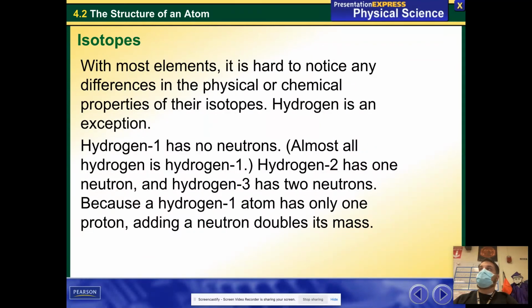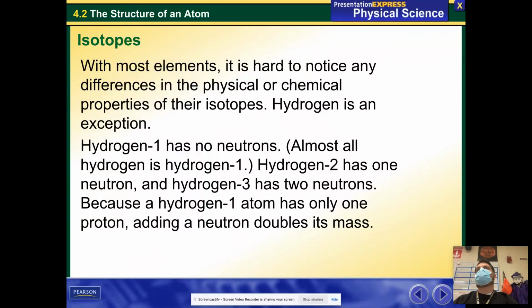With most elements, it's hard to notice any differences in the physical or chemical properties of their isotopes. Hydrogen is an exception. Hydrogen has no neutrons, none. It only has one proton, so it doesn't need any buffers. Hydrogen-2, though, does have one neutron. So there's hydrogen-1, hydrogen-2. Hydrogen-3 has 2 neutrons.